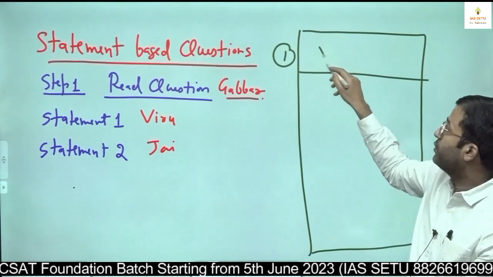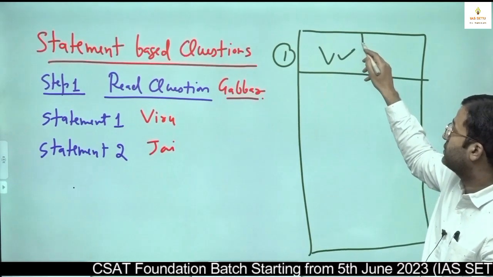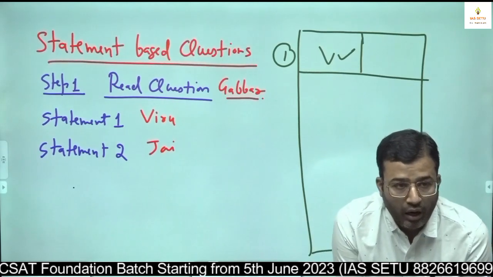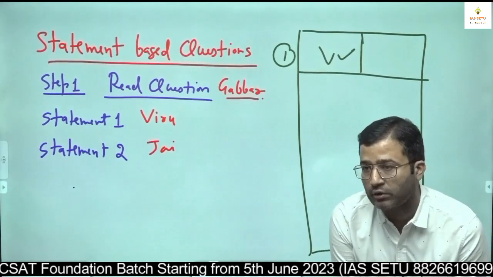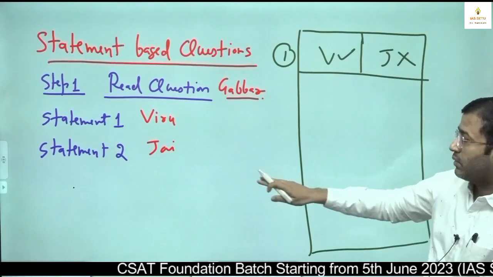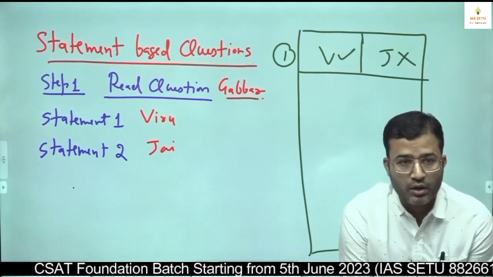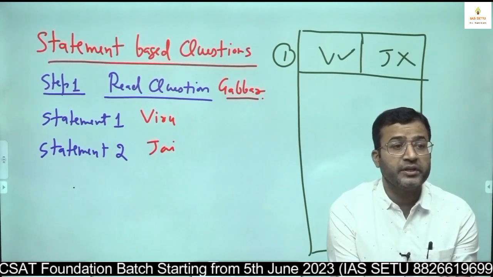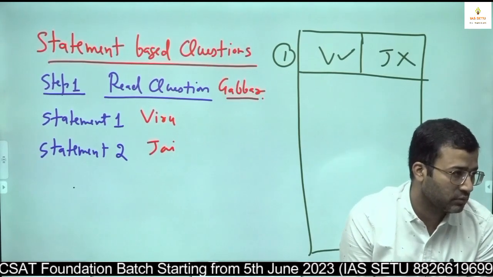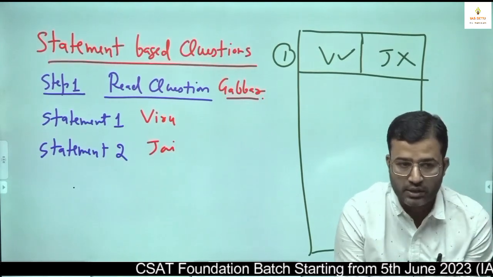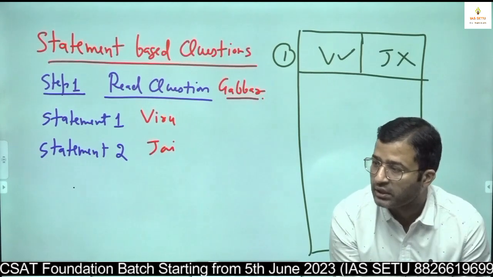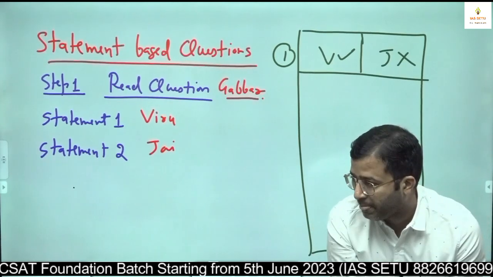So here Viru, yes. Okay, Viru alone. But whereas Jay, no. Only Viru. Possibility will be only statement 1 is sufficient to answer the question. Only statement 1. Means only Viru. Only statement 1 can handle that Gabbar.